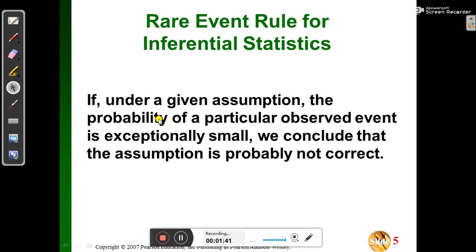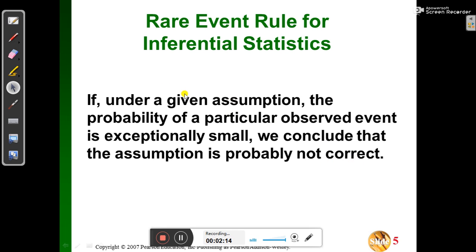It means that, suppose there are some assumptions, and the probability of an event which has been observed is exceptionally small, we can conclude that the assumption is probably not correct.